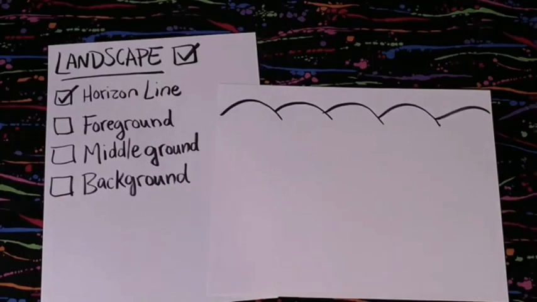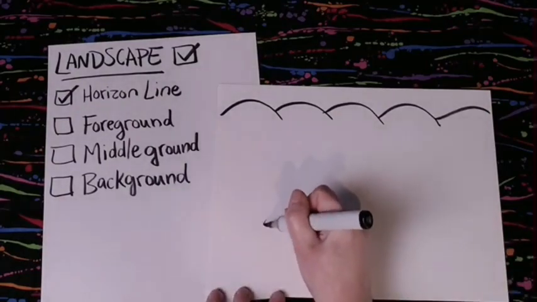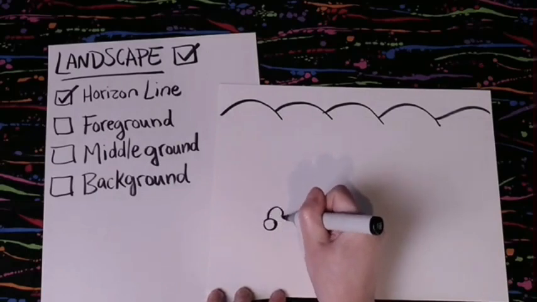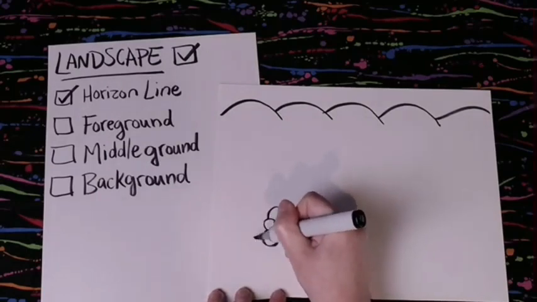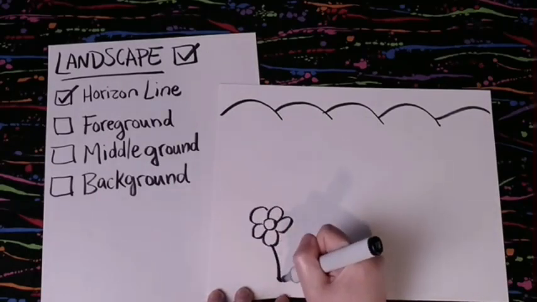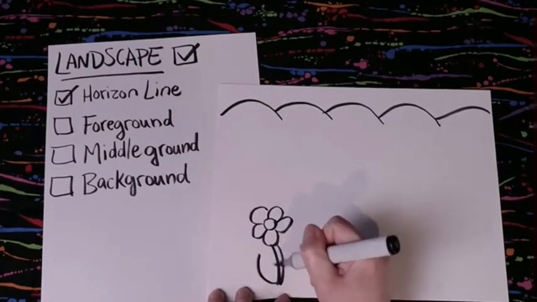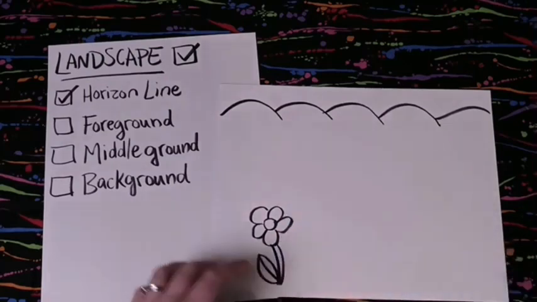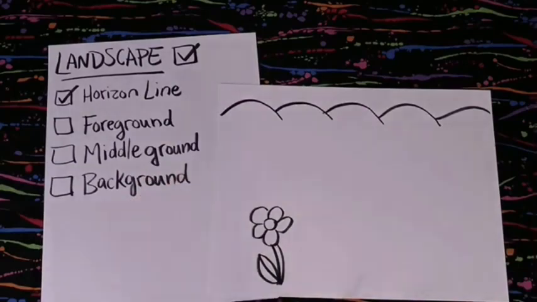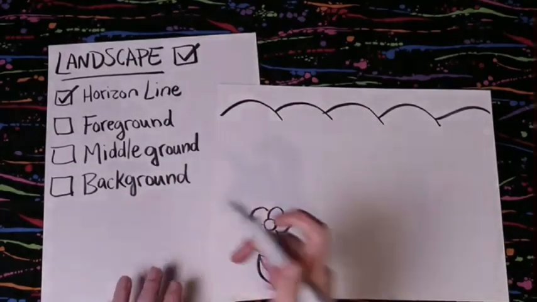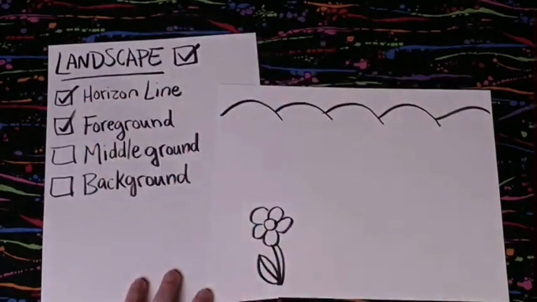So for example, let's say I wanted to draw a flower in my foreground. I'm going to draw that flower nice and big. So here's the center of my flower. I'm adding some petals around it. I've got my stem, and then I've got a nice leaf here at the bottom. If this is my foreground, it is close to the bottom of my paper and it's nice and large in size. So I can check that off of our sheet.